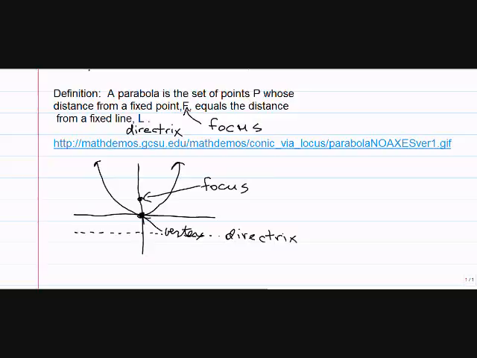And the distance from the vertex to the focus, we're going to call that distance C, is the same as the distance from the vertex to the directrix line. So those distances are the same.